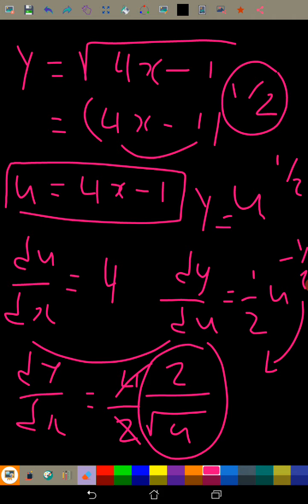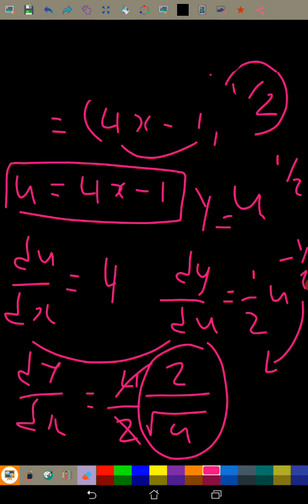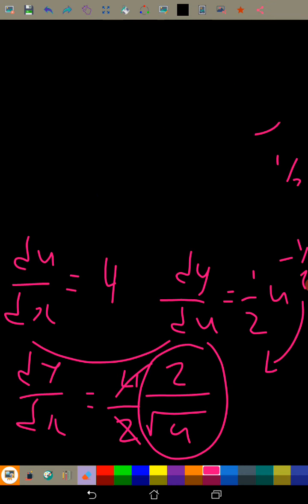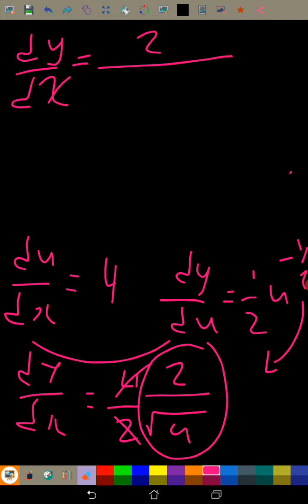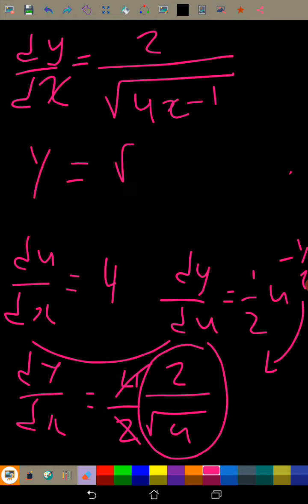We have to replace u, so just erase everything here, it's very easy. You have seen how quickly I am doing this. So dy by dx is equal to 2 over root of whatever u was, 4x minus 1, and the original was this expression given.